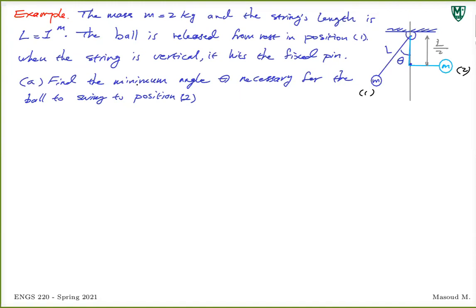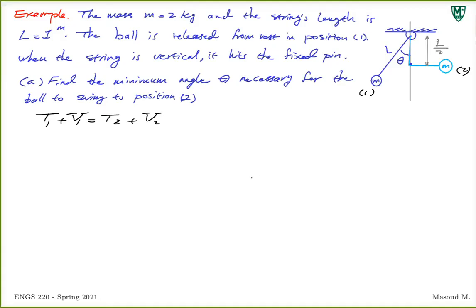You don't care about what's going on in the middle. What you care about is where we are at position 1 and what's going on in position 1, and where we are at position 2 and what's going on in position 2. Path independent. So I write T1 plus V1 is equal to T2 plus V2. My principle of conservation of energy.